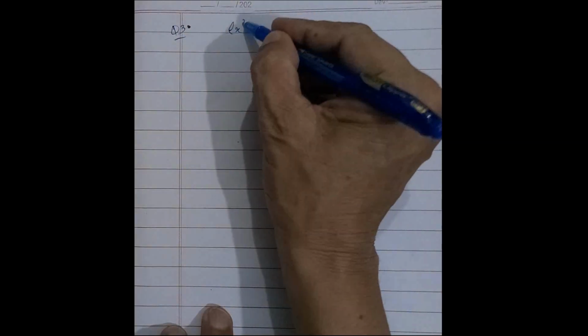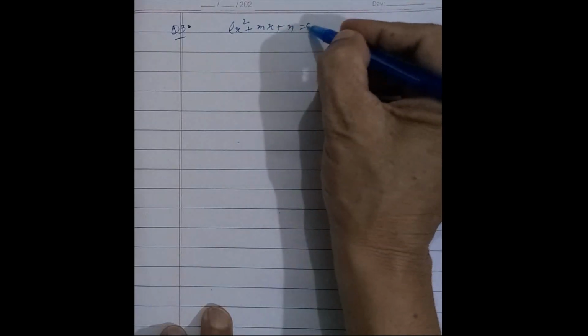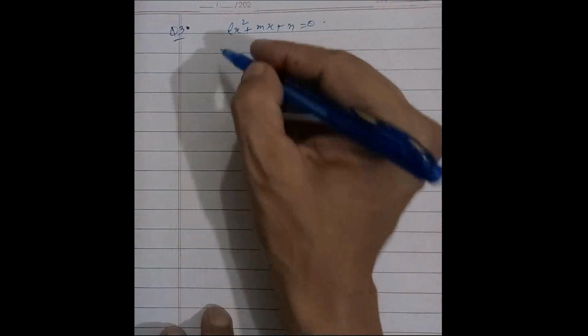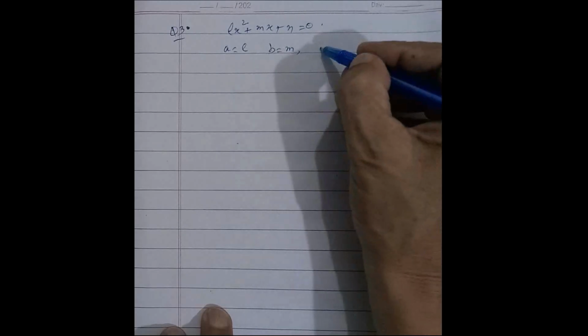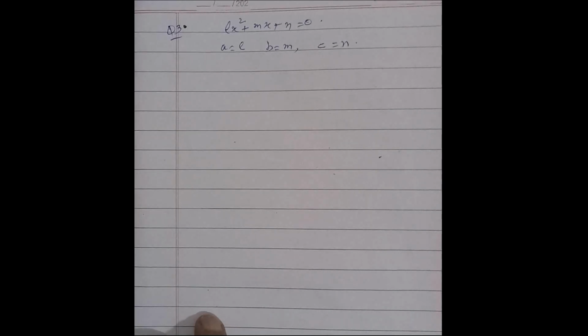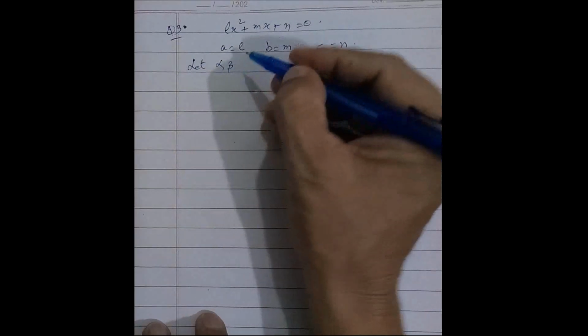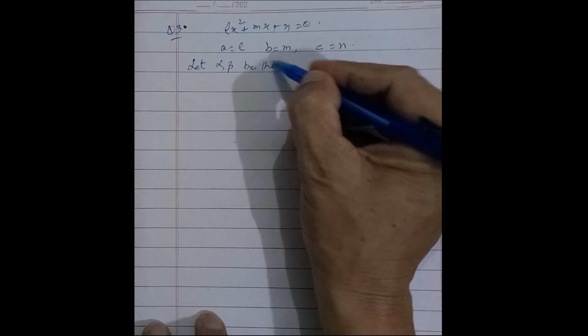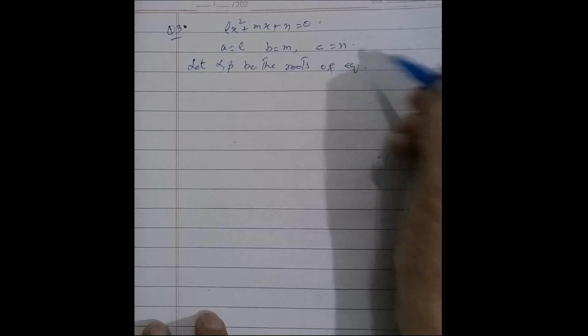Question 3, which is Lx square plus mx plus n is equal to 0. Here a is equal to L, b is equal to m, and c is equal to n. Let alpha and beta be the roots of the equation.